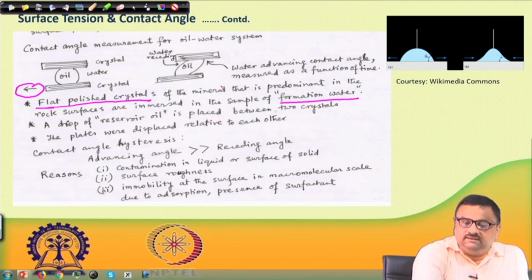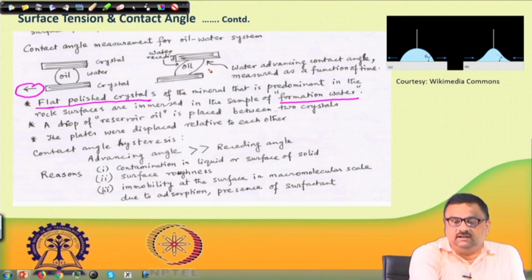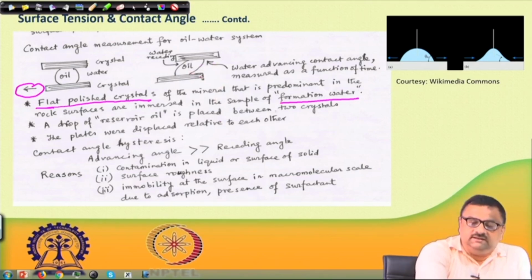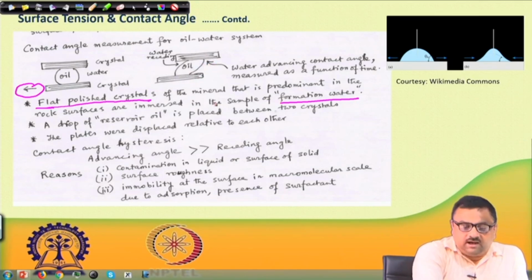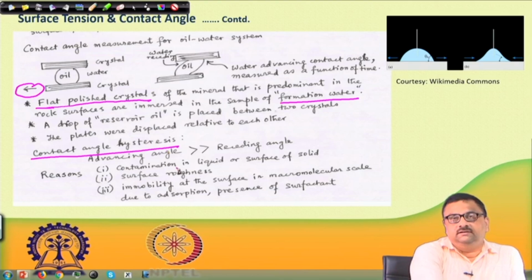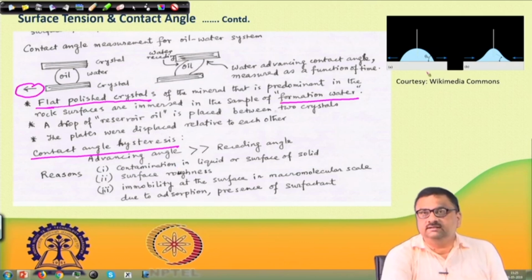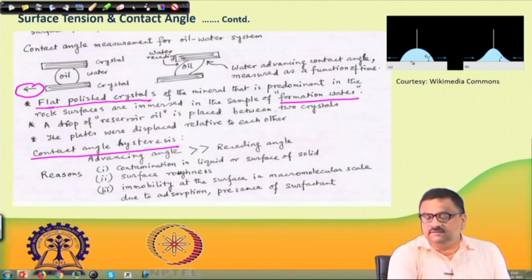This is referred to as the water advancing contact angle, because in this case this plate is pulled, so water tends to advance. Something very unique which one must note here is called contact angle hysteresis, shown in this picture. When the fluid is introduced here, the fluid moves in this direction, and this is the contact angle.